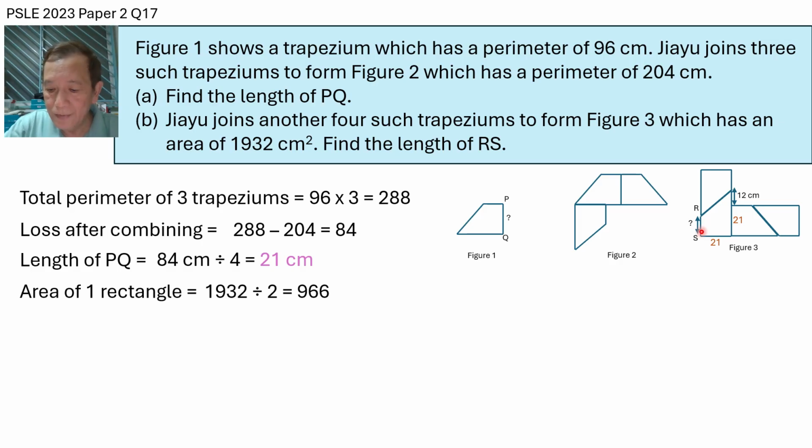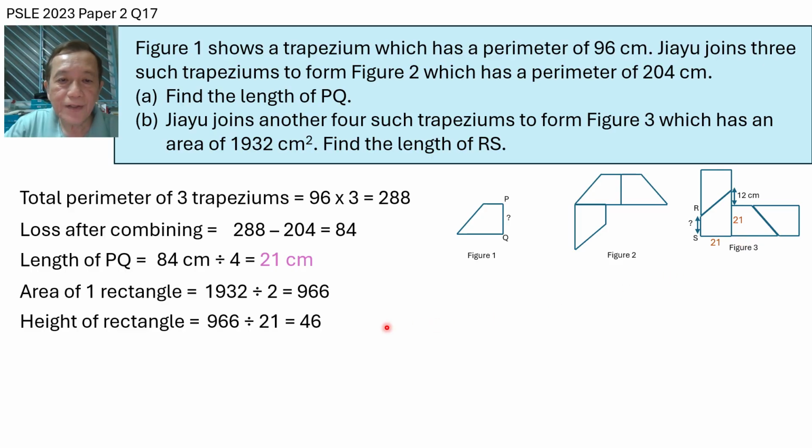Let's look at this rectangle. The area is 966. We know the base. We can find the height. 966 divided by 21 equal 46.